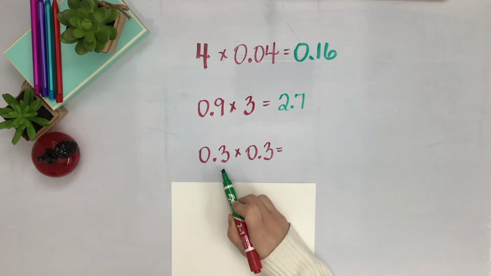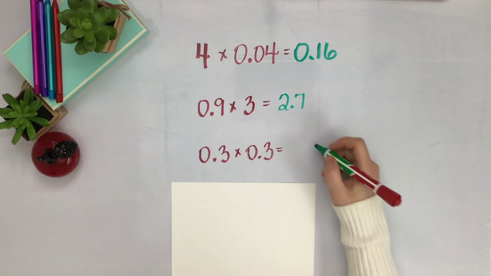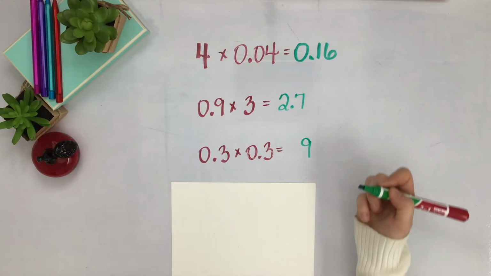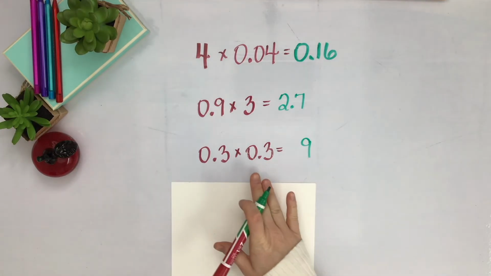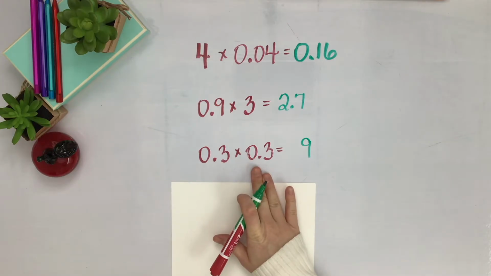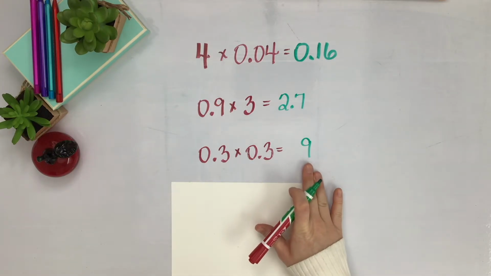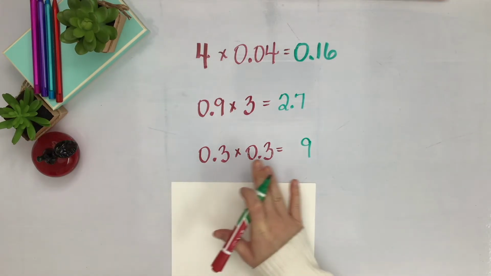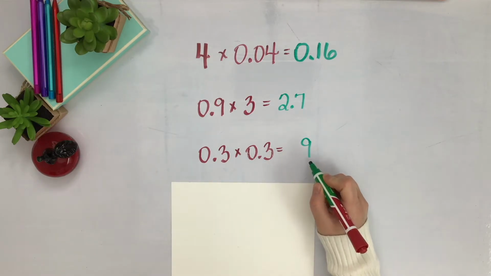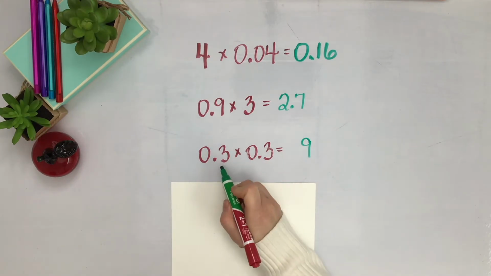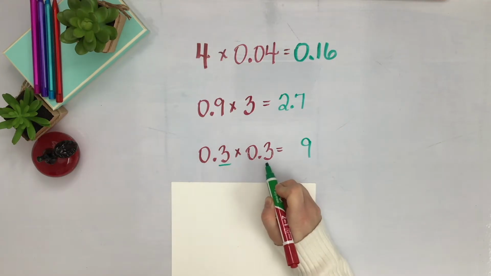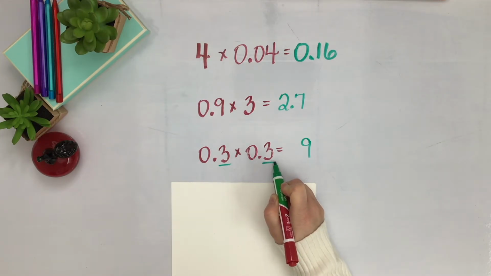But don't worry. I know that 3 times 3 is 9. 9 has to be in my answer. So for a second, you can just forget that these are decimals and just get the digit down first. 3 times 3 is 9. Now let's adjust because this isn't just 3. This is 10 times smaller than a 3. And this isn't just 3. It's 10 times smaller than a 3.